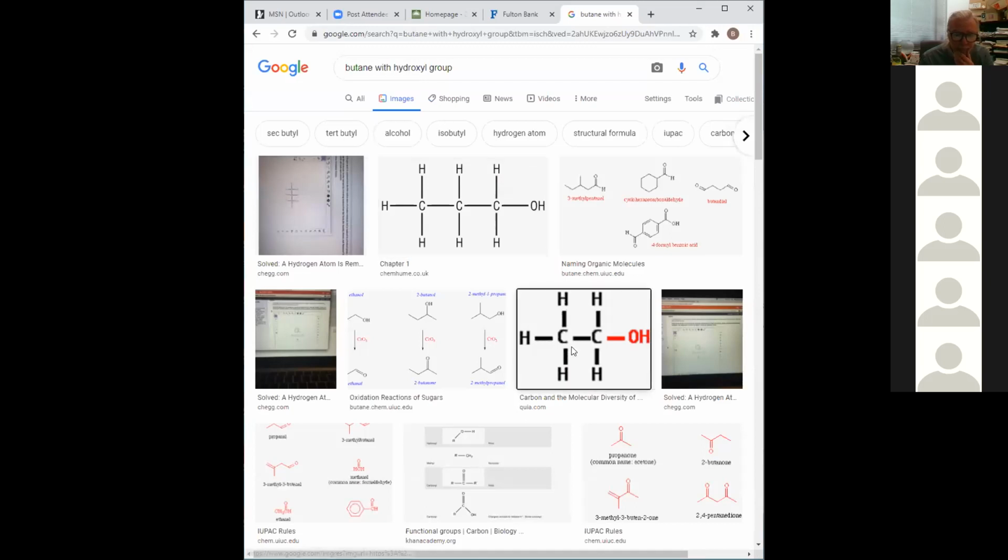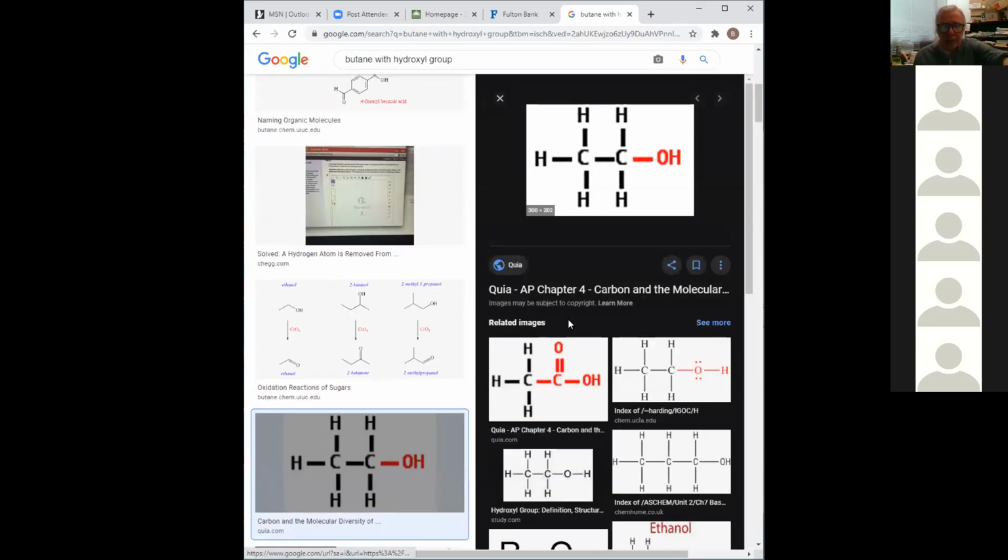Let's make believe this oxygen, this OH group, wasn't on this molecule. This is ethyl alcohol again. Let's make believe that's just a hydrogen. That I think is butane, and it's what's called nonpolar. It's all got nonpolar bonds.